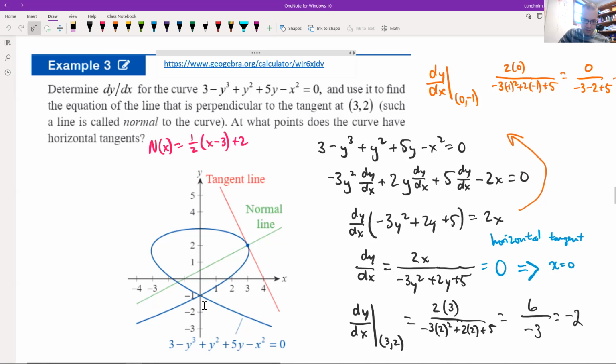Good grief. And it went off the screen as I wrote it. So yeah, our derivative has an indeterminate form there.